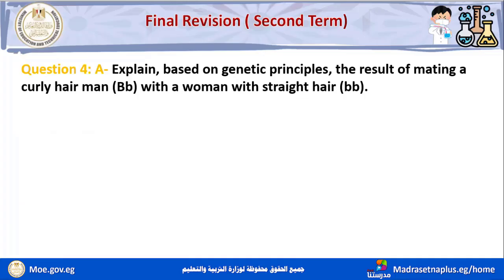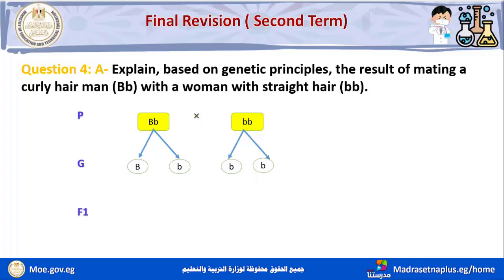Question 4, letter A, explain based on genetic principles the result of mating a curly hair man, B capital B small, with a woman with straight hair, B small B small. Parents, B capital B small, B small B small. Gametes, B capital, B small, B small, B small.